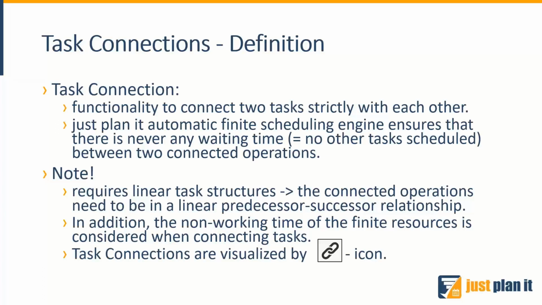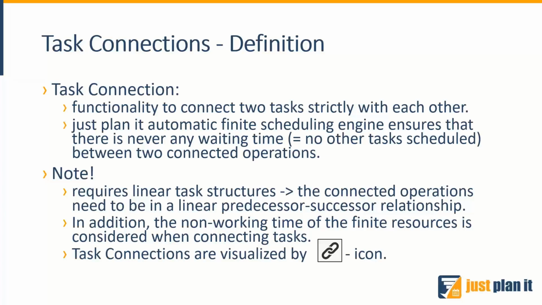Does that make sense? In addition, what we always consider, as a matter of fact, is the working time, so the working calendars of your finite capacity. The work calendar is defined by the standard availability plus all exceptions, and this calendar is also considered.